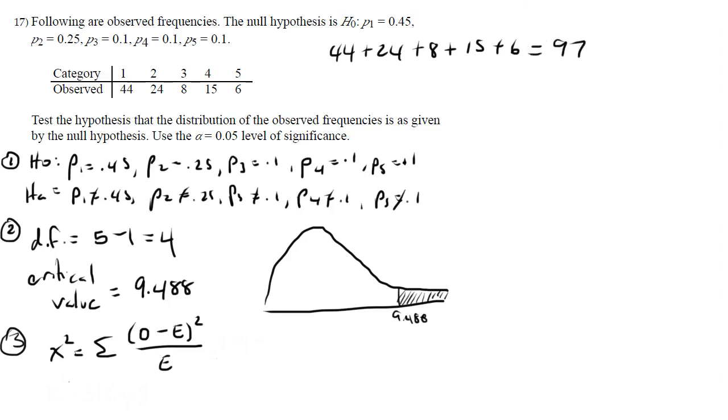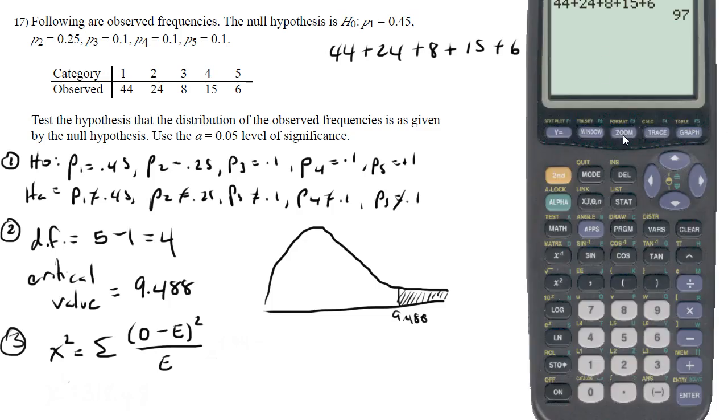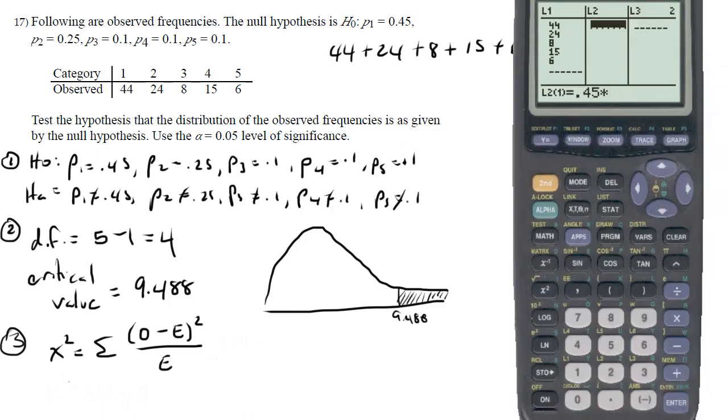Okay, now let me do my trick. I go back to stat, edit. Now the expected value here is going to be 0.45 times 97, 0.25 times 97, and 0.1 times 97. That's just 9.7 for all three of these, because they're all 0.1.